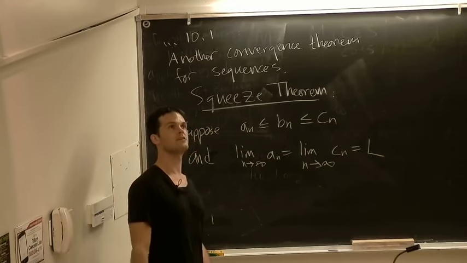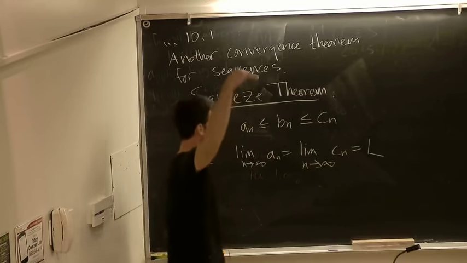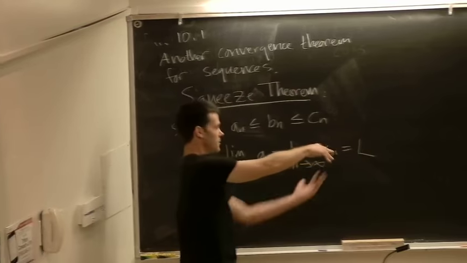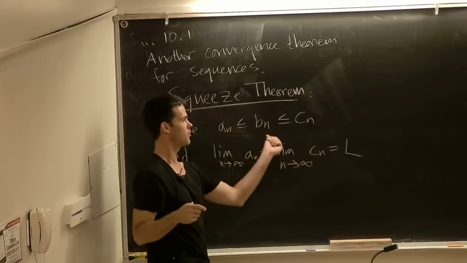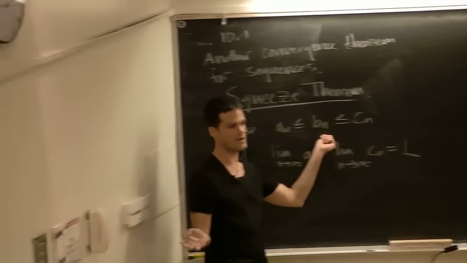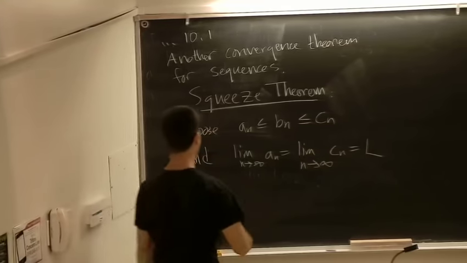Well, it's kind of like if the thing above you is going to L and the thing below you is going to L, what has to happen to bn? It also has to converge to L.